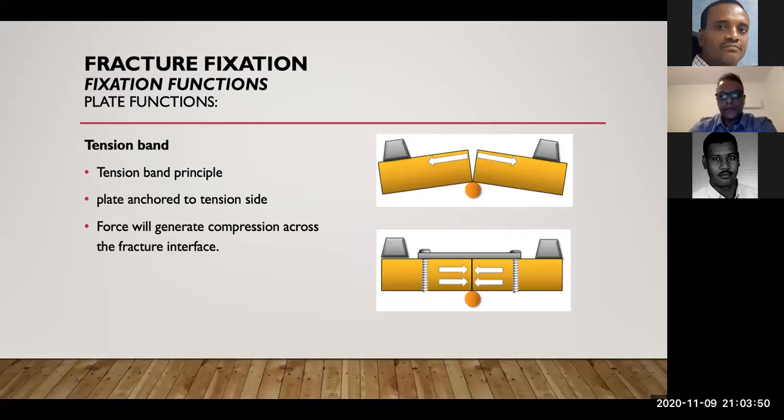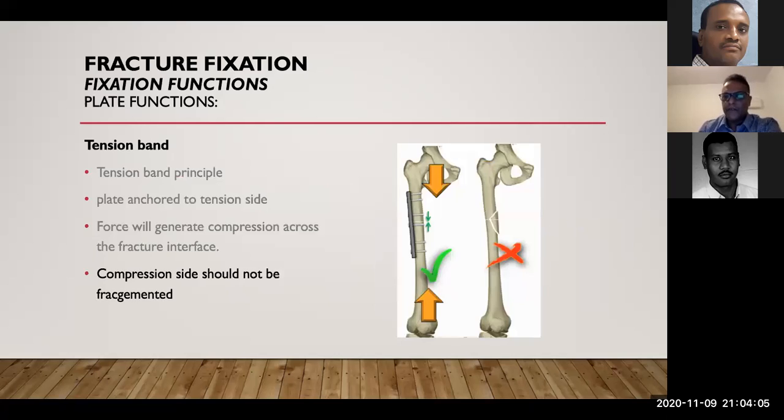Another function of the plate is that it can work as a tension band. You can apply the plate to the tension side of the fracture, and this will give you full compression. A good example of this, which normally we don't use a lot in the femur, is a femoral fracture.